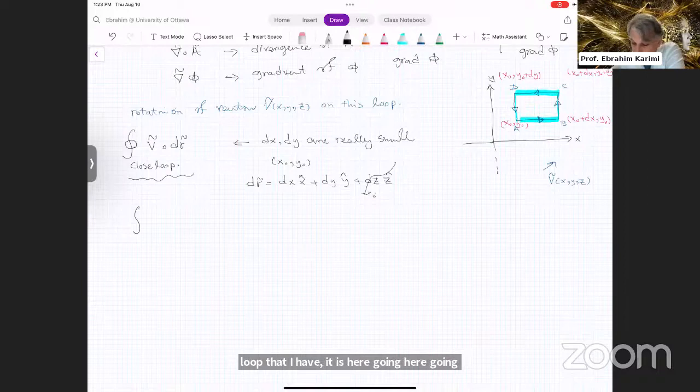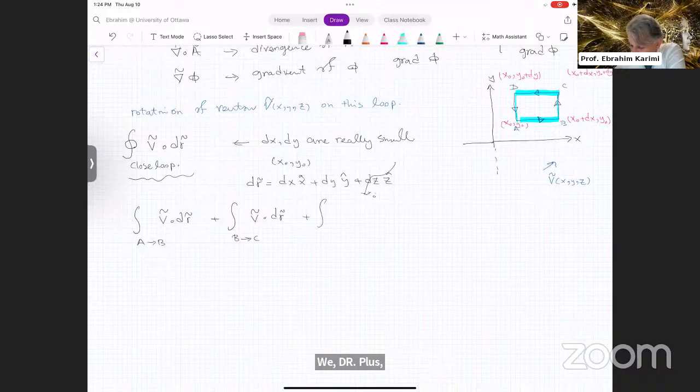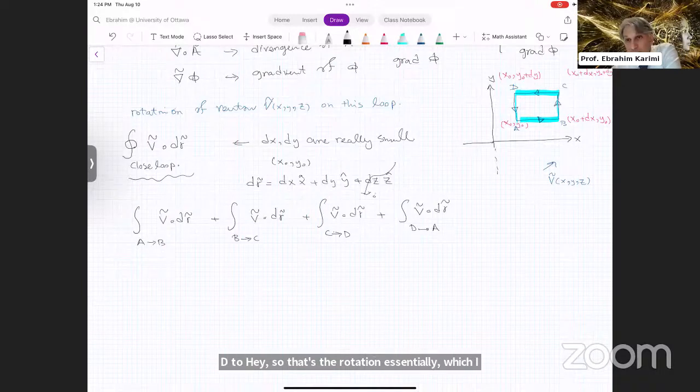So it will be the integral from A to B of v dot dr, plus the integral from B to C of v dot dr, plus the integral from C to D, plus the integral from D to A. So that's the rotation essentially, which I have, right? Questions? I think we agreed on that.